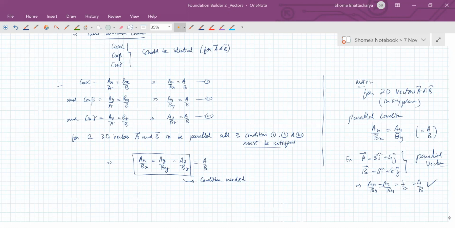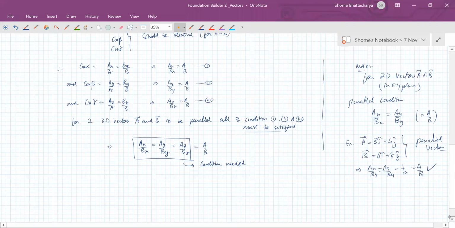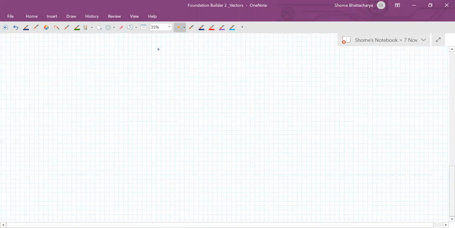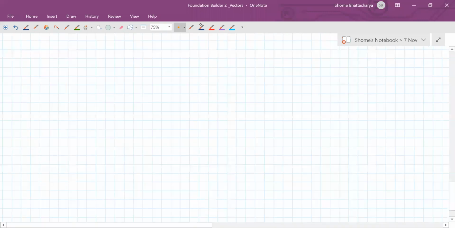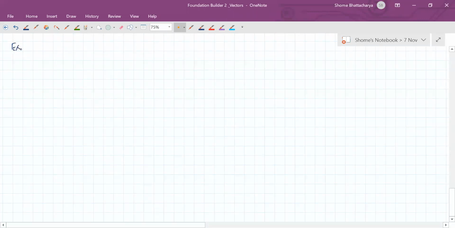Okay. So let us quickly understand this theorem with an example. So given vector A for us is 2 i cap minus 2 root 2 j cap plus 2 root 2 k cap.